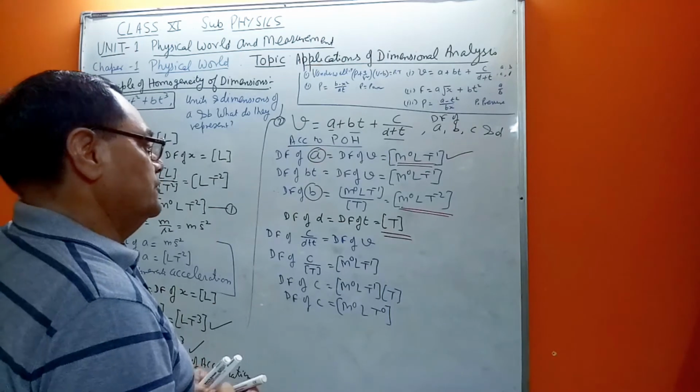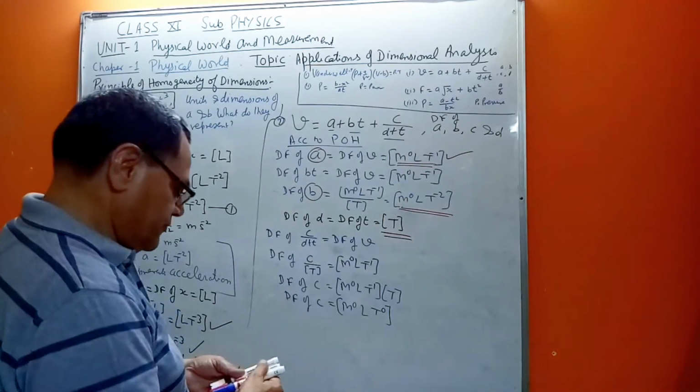Alright, so this is the dimensional formula of c.